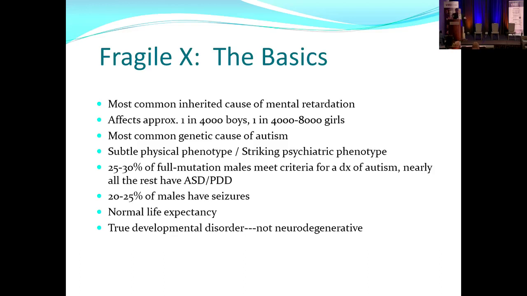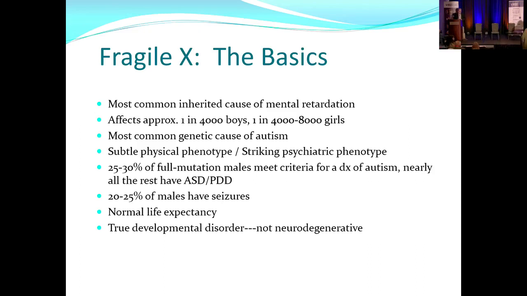It's the most common genetic cause of autism. At one point, before the definition of autism was expanded, it was thought that up to 5% of the people with autism had Fragile X. As we've had more genetic counseling, the number of people with Fragile X has actually gone down, while the number of people diagnosed with autism has gone up.